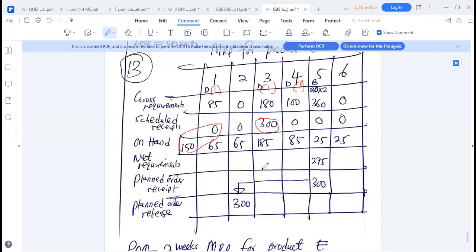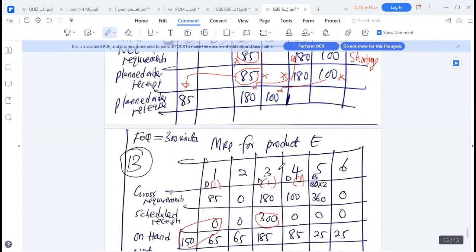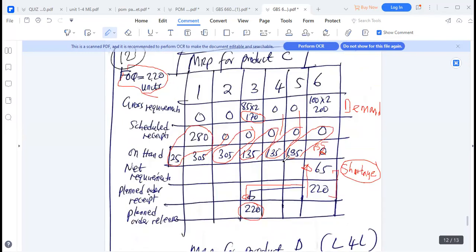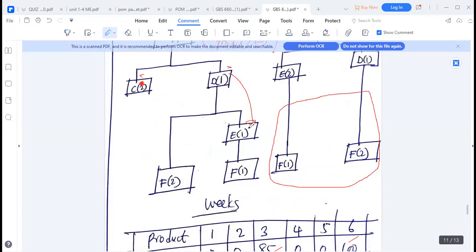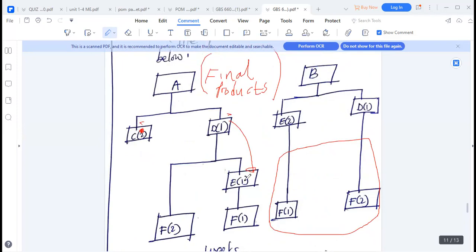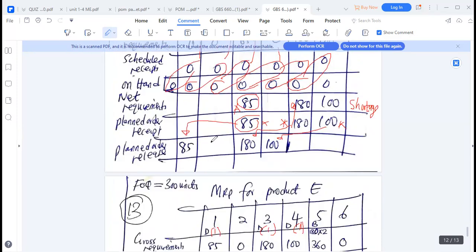All right, so now we are looking at MRP for product E. So the MRPs, these ones, we are looking at where the E is coming from. You look at E is coming from D, and E also is coming from B. So from the D by 1, we just have to check how we prepared our D. So for our D, these releases are the ones we consider.